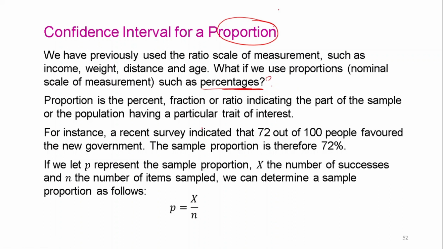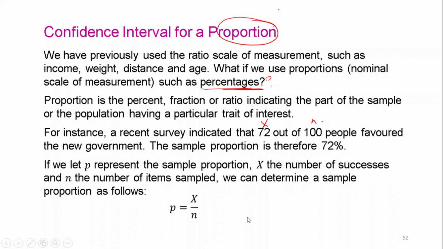So this is the example for confidence interval in proportion. For instance, a recent survey indicates that 72 out of 100 people favor the new government. The sample proportion is therefore 72%. So this is X divided by N. Our X, and this is our N, the sample size.